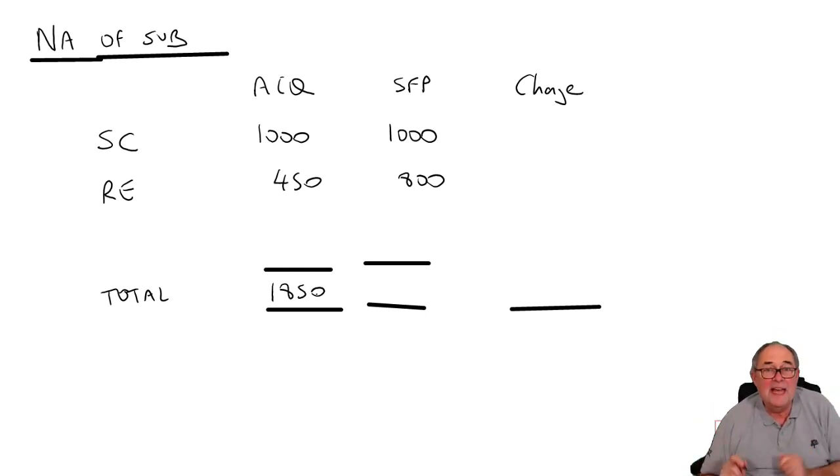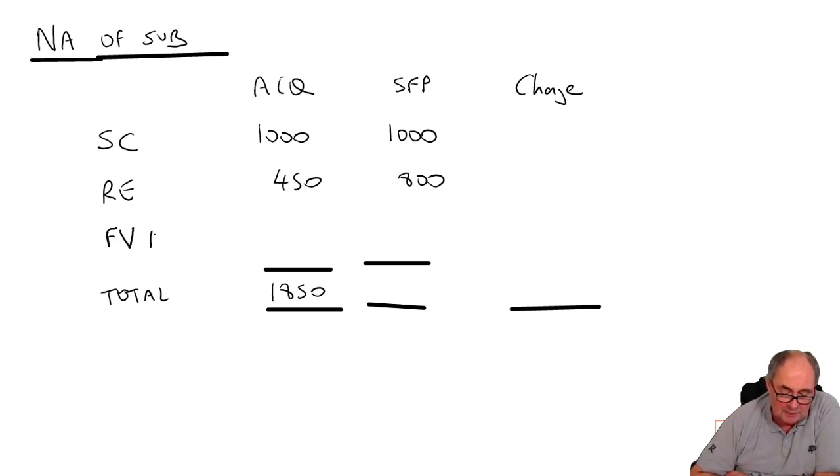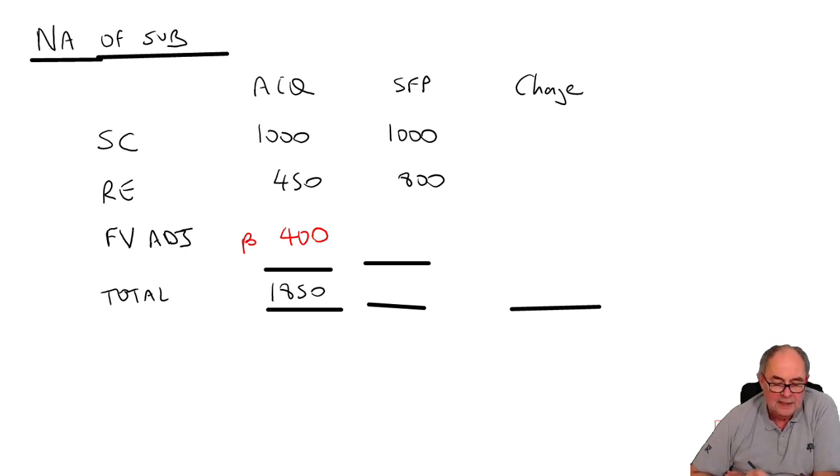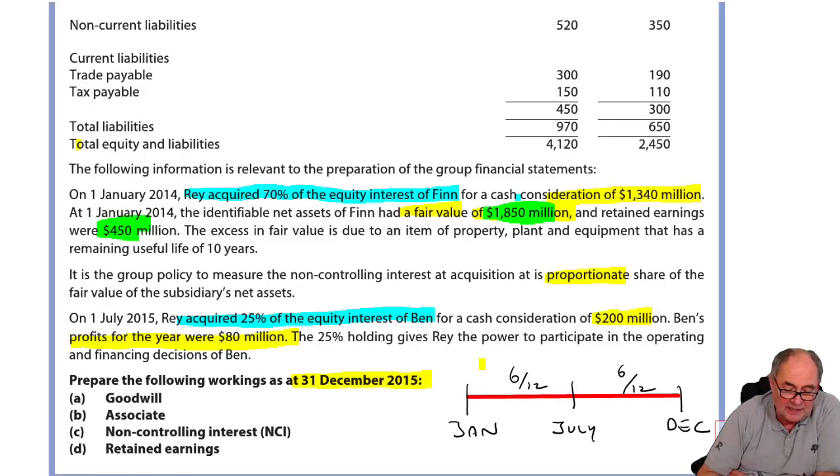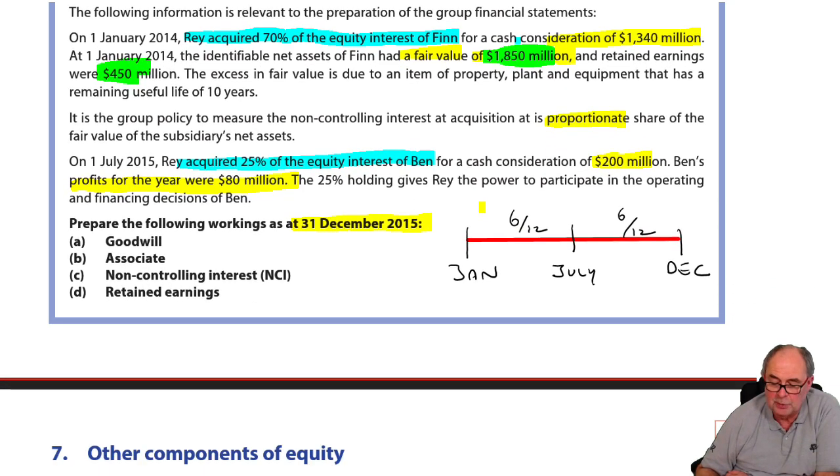Now that in fair value terms, the other amounts are in terms of the original carrying amount. The balancing figure will be the fair value adjustment, which relates to some kind of non-current asset. So it's a balancing figure. It looks at acquisition as if it was 400. Now that relates, let's have a look back to the question, to an item of PPE with a life of 10 years.